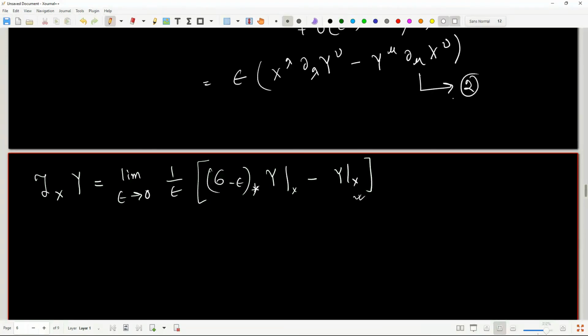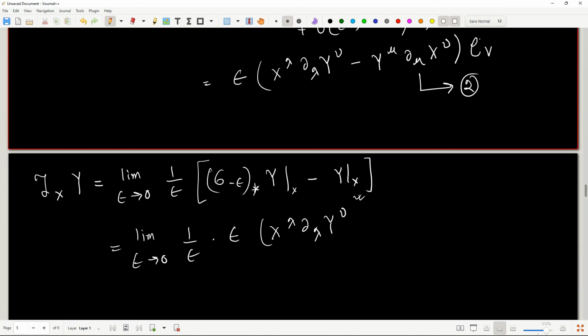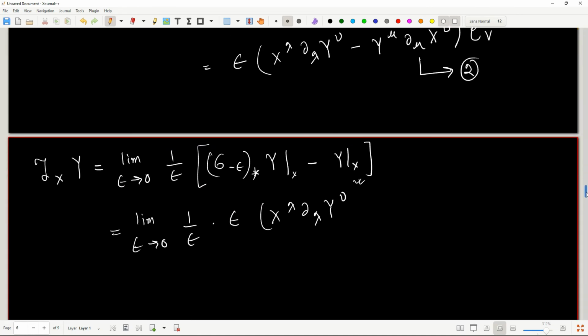We just use the result from equation number 2. We have epsilon goes to 0, 1 by epsilon times epsilon x lambda del lambda y of nu. Oh yes, there should be an e of nu as well, the basis. Forgot to write that. Yep.